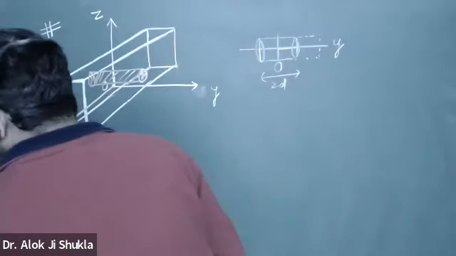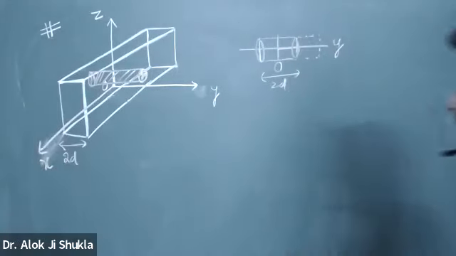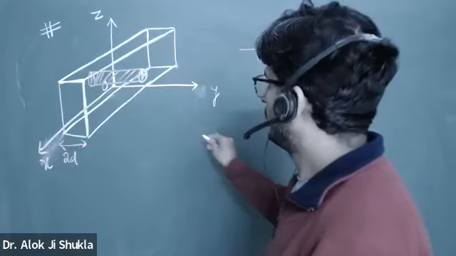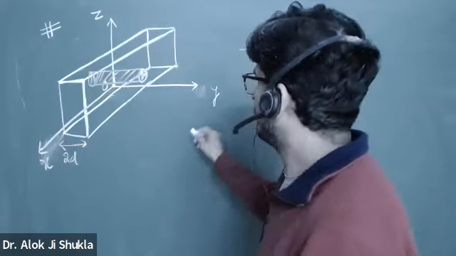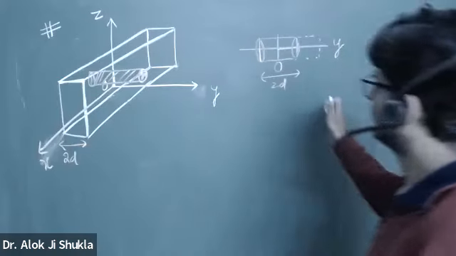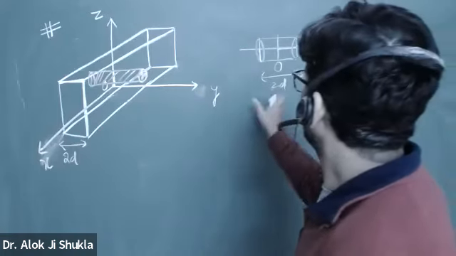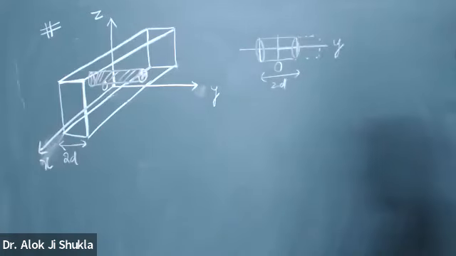If I make this same thing in this dimension. So if you apply Gauss's law, what you will have to do is make this Gaussian surface and first of all calculate the field inside. So for that, the length should be smaller than what? It should be less than 2D, yes or no?